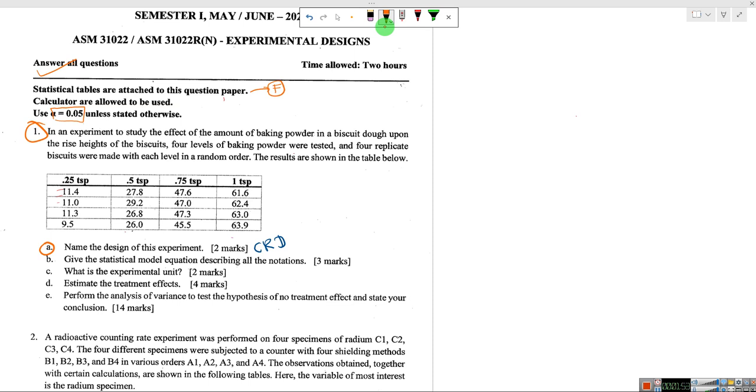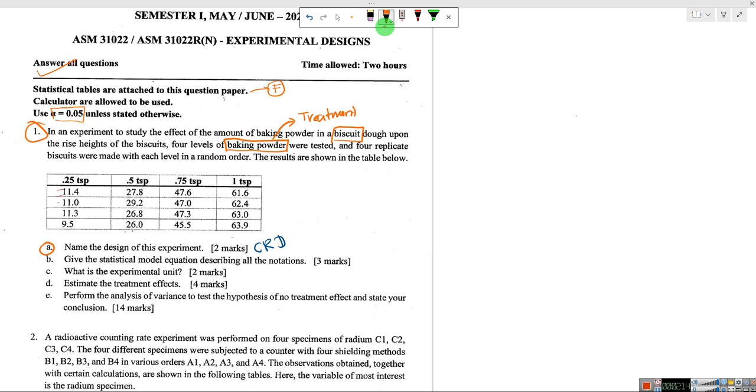If you carefully read this paragraph, we are dealing with biscuits and the rise height of the biscuit, with 4 levels of baking powder. We are going to cook biscuits using 4 different amounts of baking powder. These are called treatments.